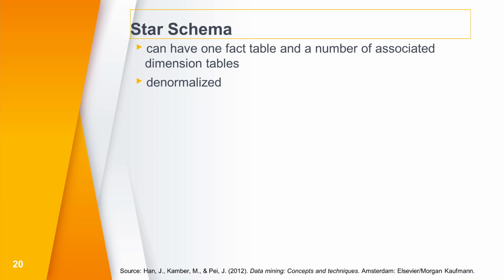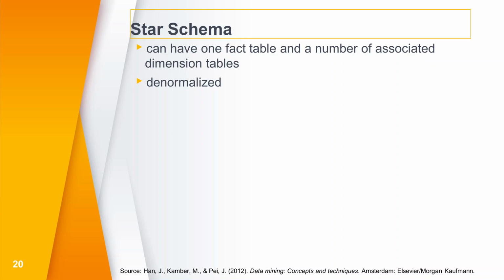The star schema is considered denormalized. When we speak about denormalized, our design here is not in the third normal form, so that means the dimension tables are not normalized.